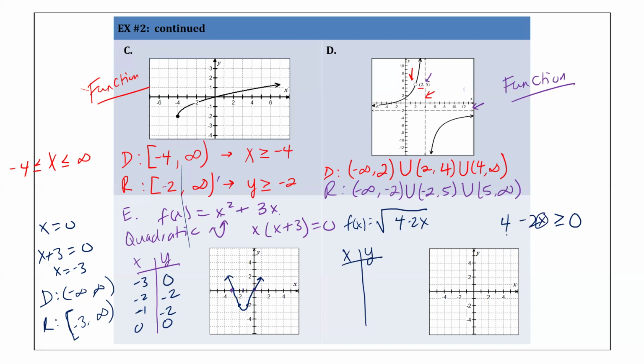You need to subtract the 4, like a 2-step. Minus 4, we're left with negative 2x is greater than or equal to negative 4. Then what do I need to do? Divide by negative 2. And that gives me 2. So the starting point of my table is at 2.